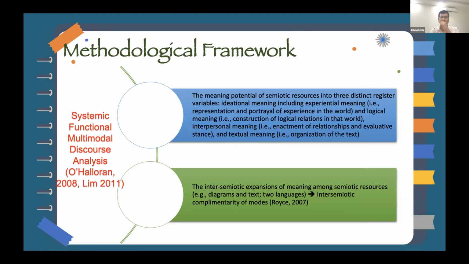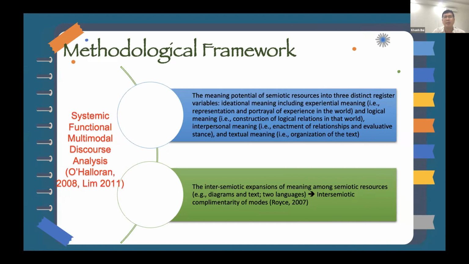We use it because, as you can see when you read a text, there are three levels of meaning by Halliday, and we realize that different modes also have different layers of meaning potential, which have just been expanded to mode. That's why we adopt the framework from O'Halloran and also Lim 2011.